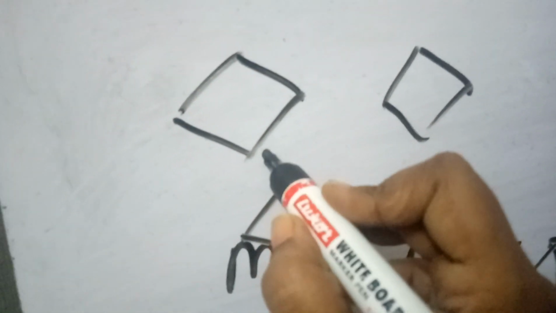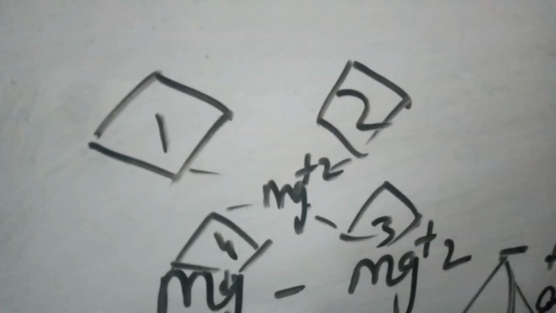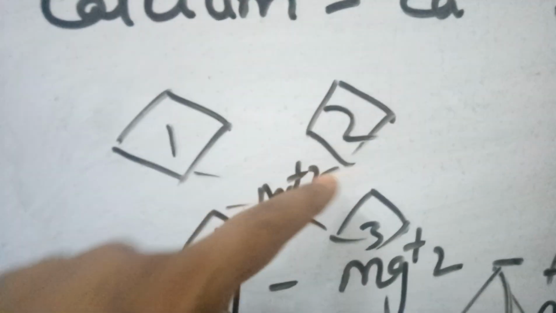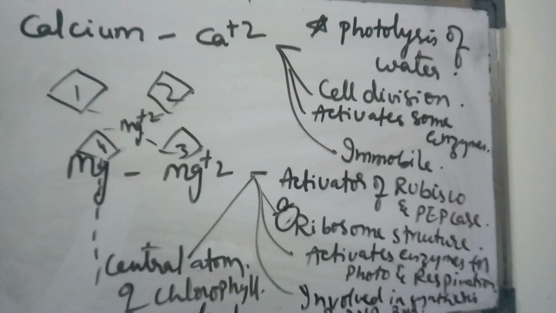See how the chlorophyll molecule is: the porphyrin head, the tetrapyrrole head, will be like this, and the tail will be present here. So there are 4 pyrrole rings, and the centrally located atom is Mg+2. 1, 2, 3, 4. This will come in photosynthesis, where we will discuss this structure. The central atom of the chlorophyll molecule is magnesium. So that is a very important thing.